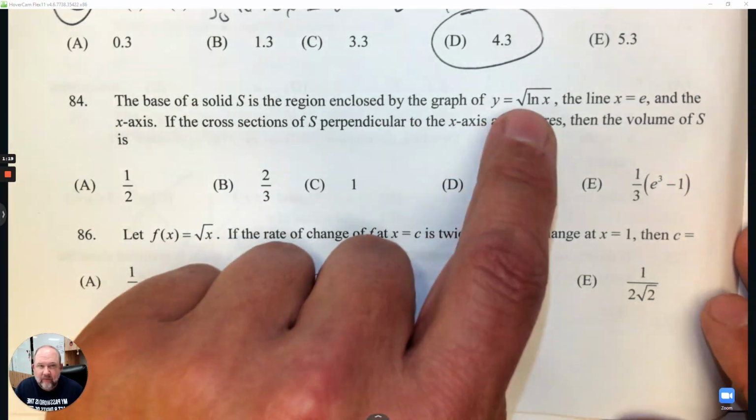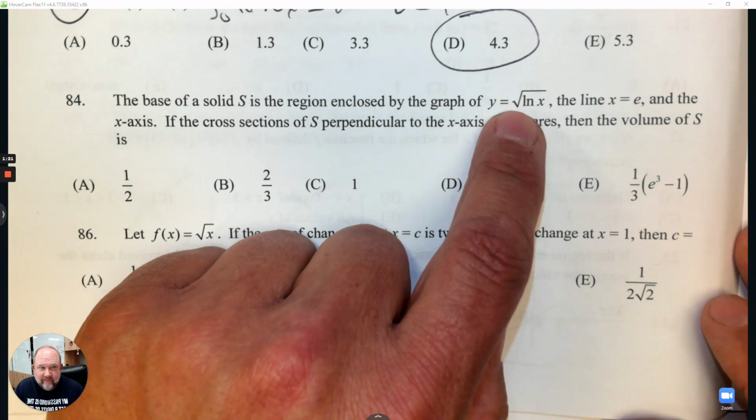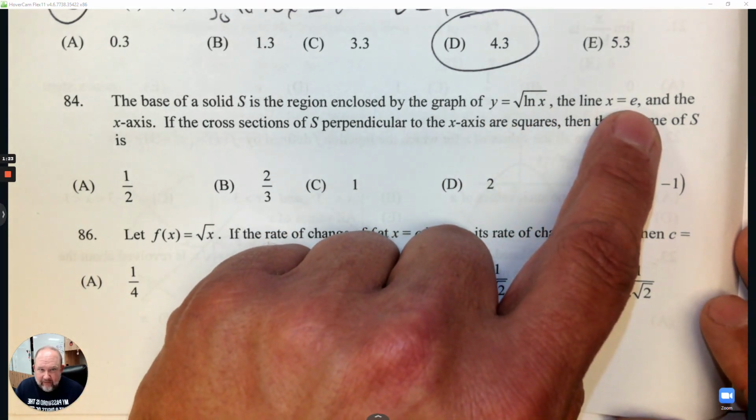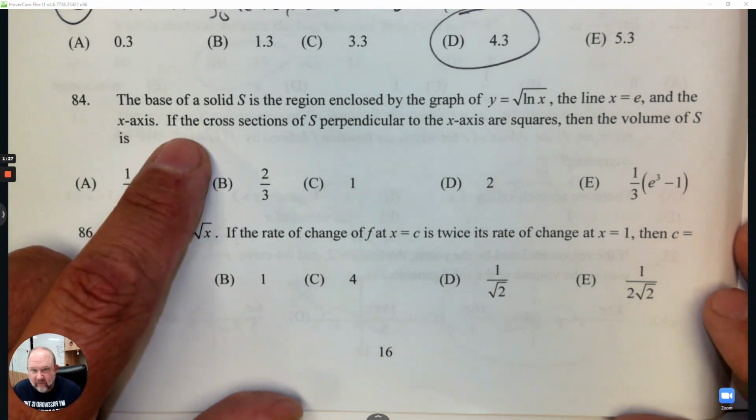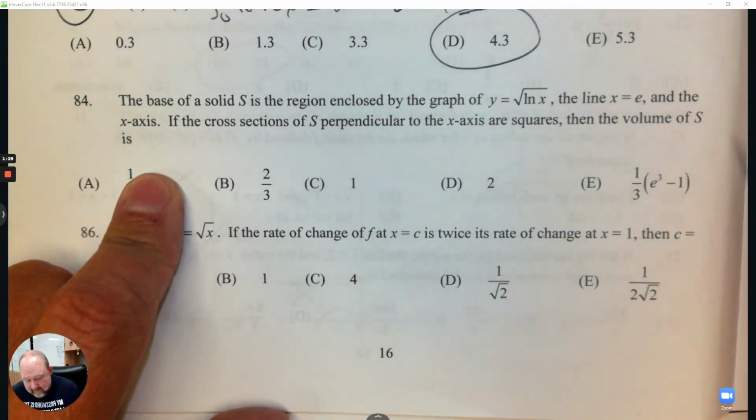Let's see if I can do this one. I have a graph and the line x equals e, which is around 2.7, and the x-axis. So I'm going to find the volume. That's an integration question.